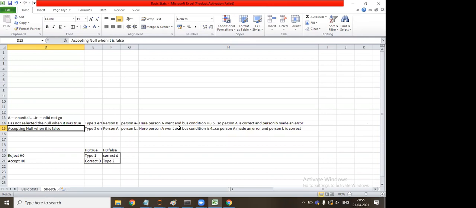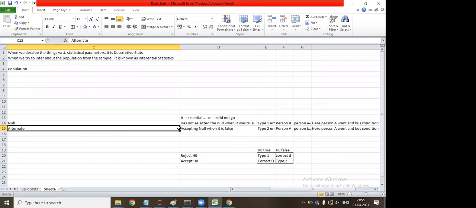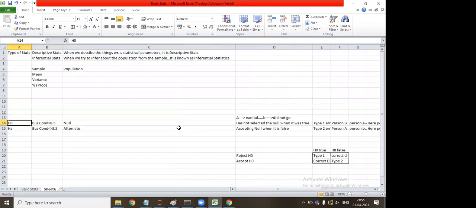So I just used this example to explain to you what the errors are, what the null hypothesis is, what the alternate hypothesis is. So whenever it comes to a condition equal to whatever the sample says, that is the null hypothesis.